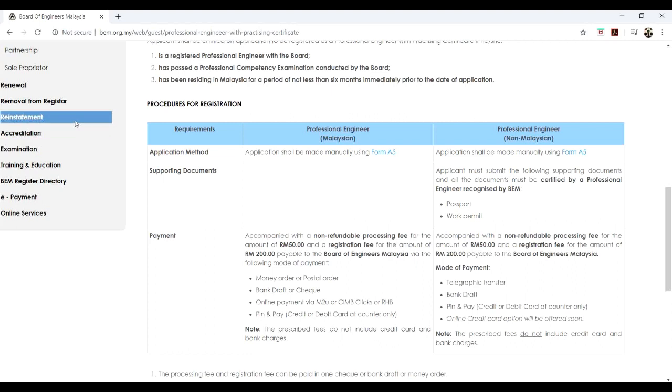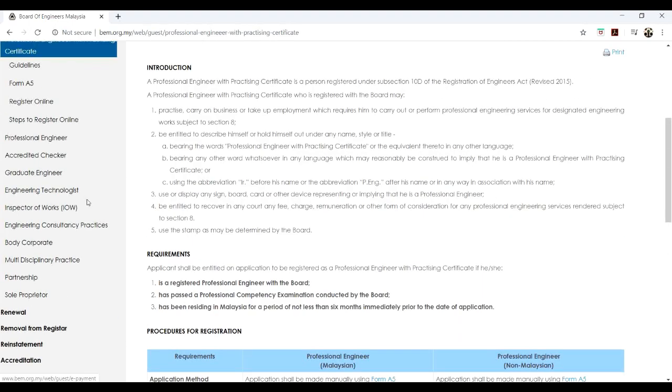Also, you can read other information regarding the renewals and removals from register, reinstatements, accreditations, examination, training and education, BEM register directory, e-payment, and lastly the online service.